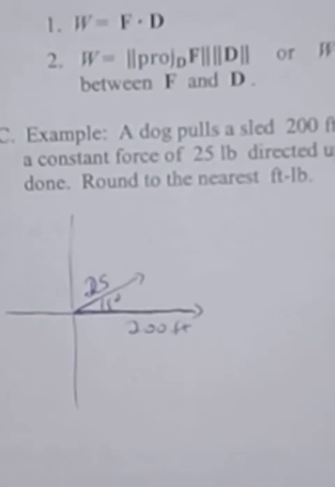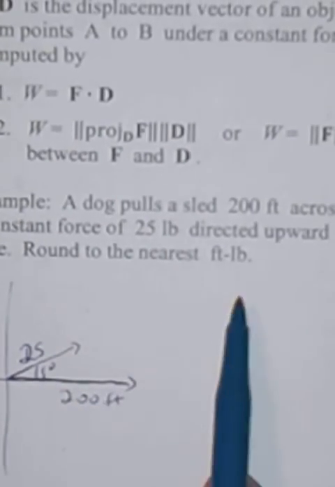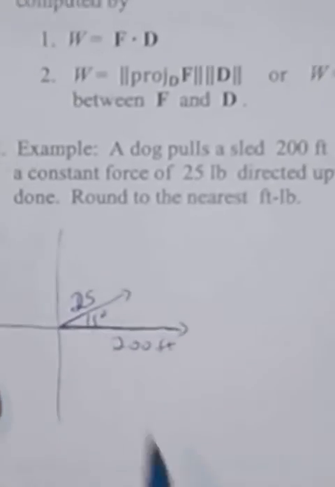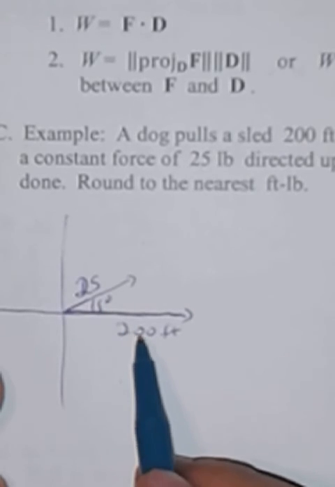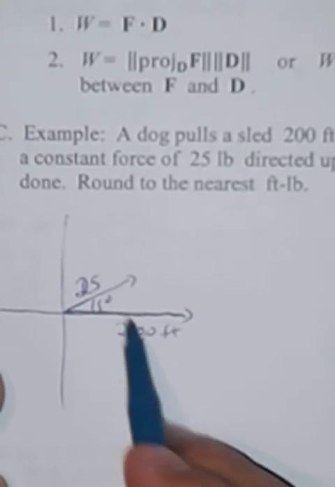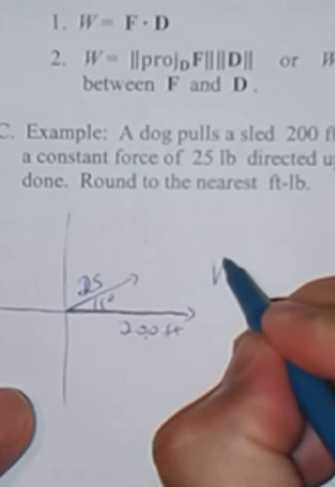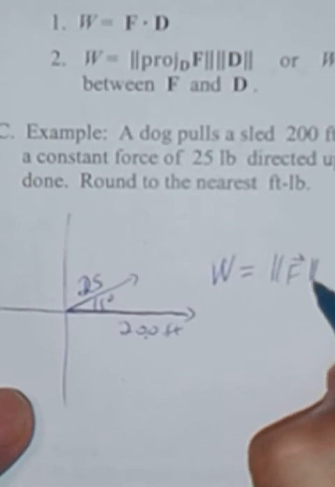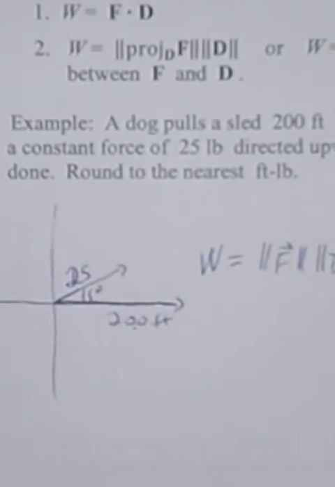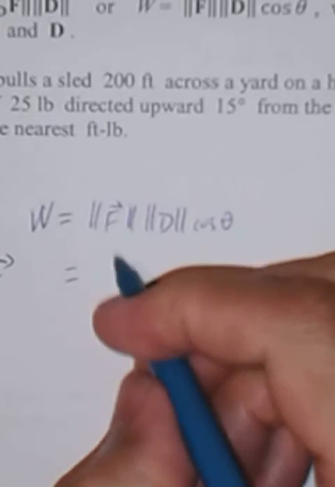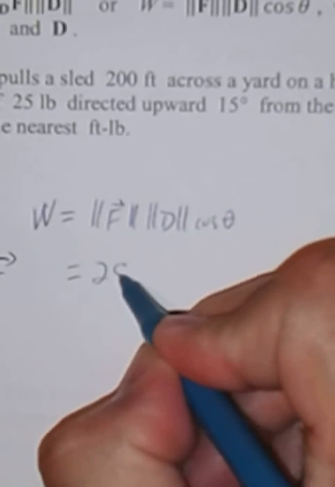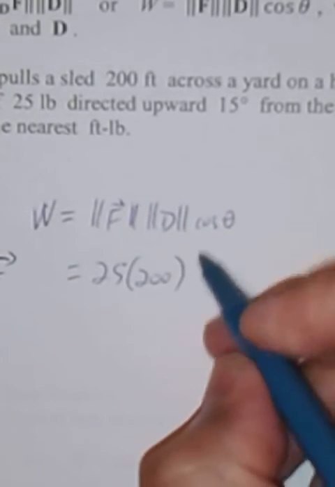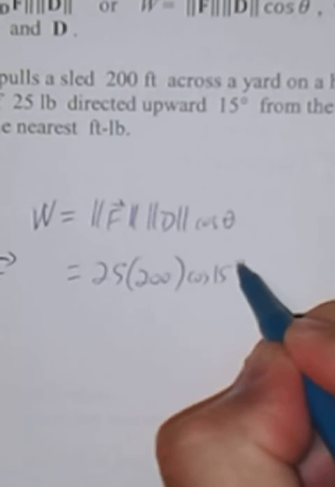I'm going to write it this way: magnitude of F, magnitude of D, cosine theta. So the work will be magnitude of F times magnitude of D times the cosine of the angle between them, which is 25 times 200 times the cosine of 15 degrees.